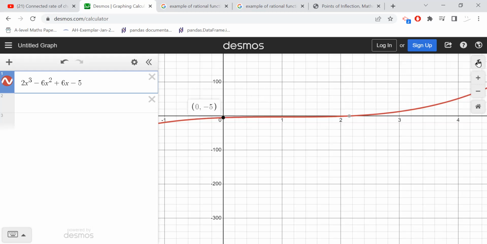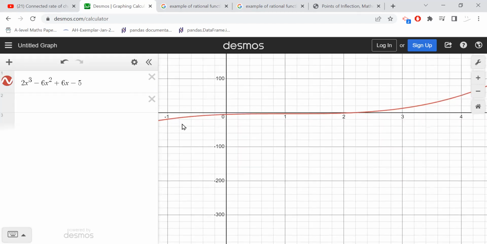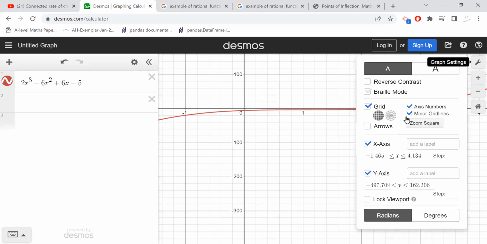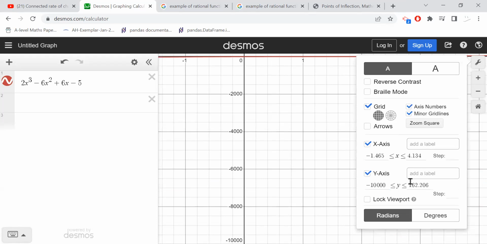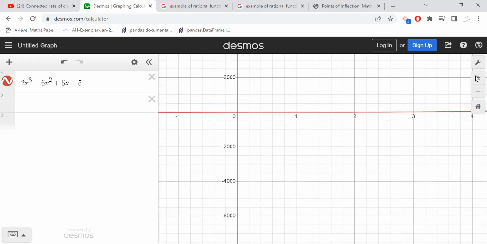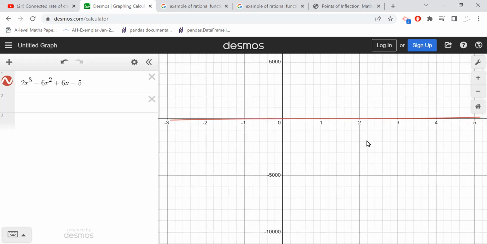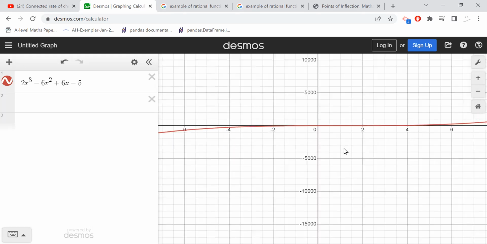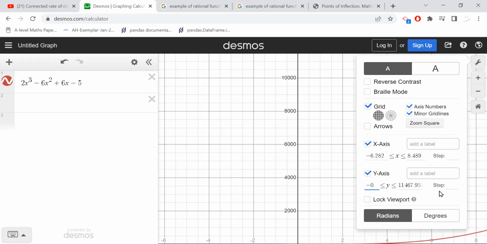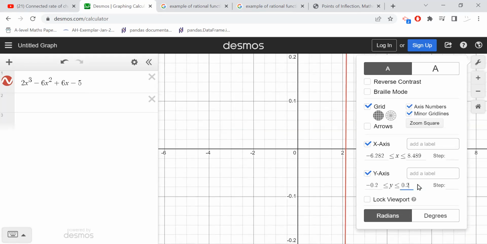Why is it an inflection point? Because what happens to the curve? What do you see? Maybe I change the scale to make it more obvious. It's both increasing, but I don't know. -0.2 to +0.2.